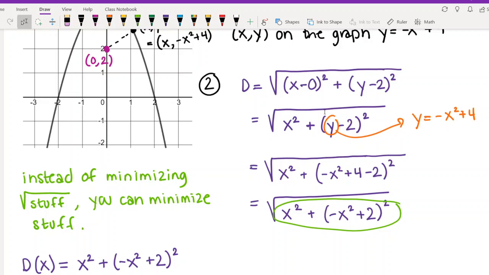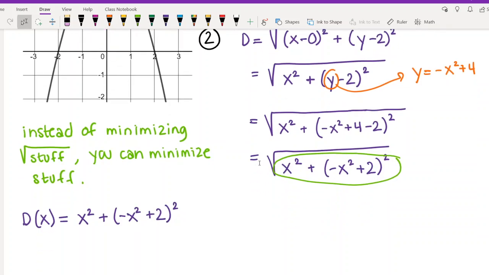So we decided that, okay, we can replace this y with negative x squared plus 4 because that's the relationship between x and y on this graph. And so that gave us a function that only had x's in it. And that would have been something that was fine to minimize, but in order to make this problem easier, instead we decided to minimize the stuff inside the square root.